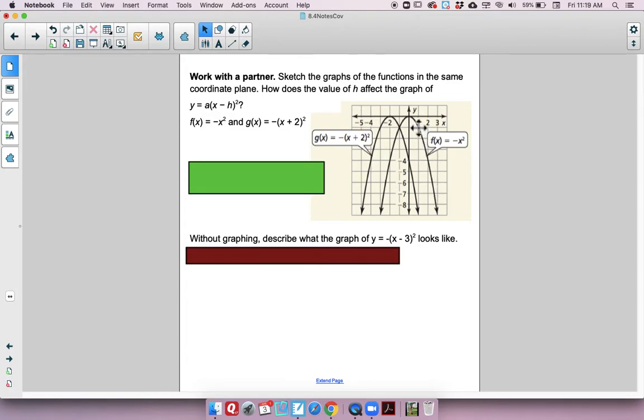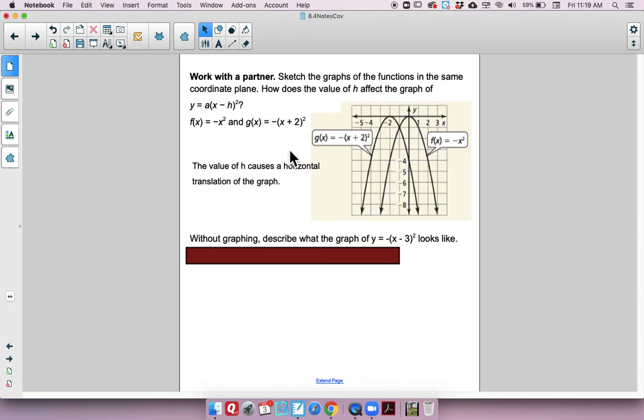And then obviously the reflection of the parent function still has the origin as our vertex. And here we notice that we're 2 over. Well, isn't x plus 2 the same as x minus negative 2? So in this case, h is actually negative 2, which means we're horizontally translated 2 units to the left.